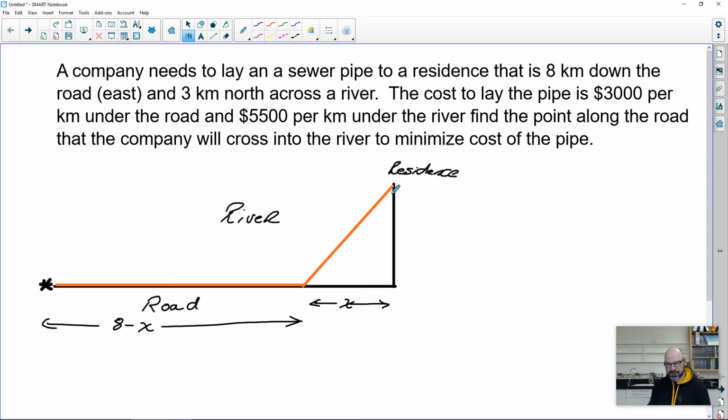And this distance across here, you're going to lay pipe at $5,500 a kilometer. So this is more expensive.